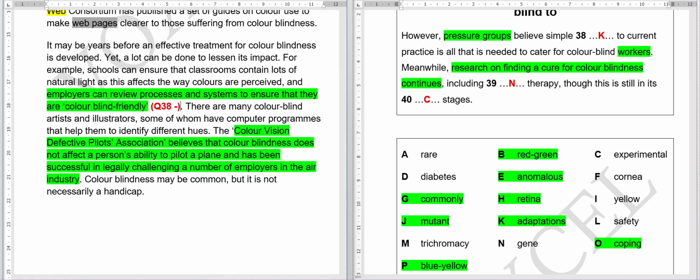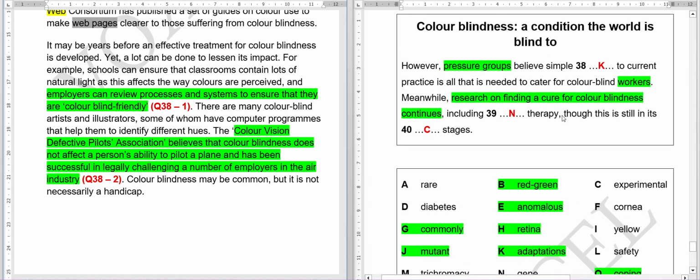So from these two locations, we are easily able to tell that the best suited answer to this particular option will be adaptations, K option. I hope it is clear.